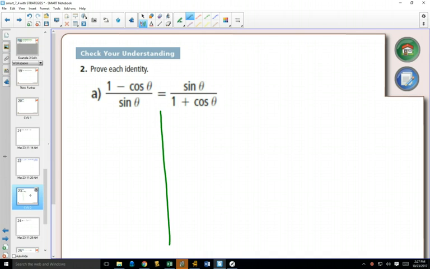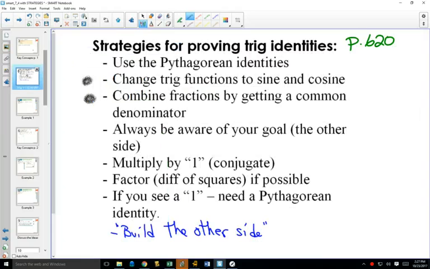So when you get to this point in a proof, and sometimes it happens halfway through the proof, this is just a great example that it happens right away. At this point, you get stuck. You're like, I've done my main strategy of changing to sine and cos and getting to a single fraction, and they're not the same. So when that happens, we have two main strategies to use when you get stuck.